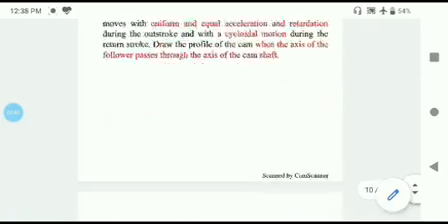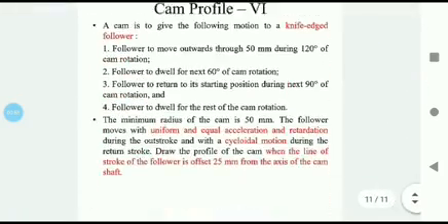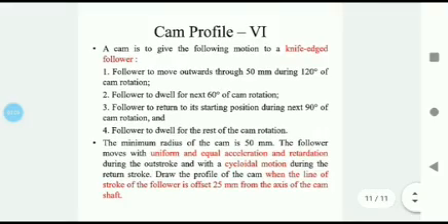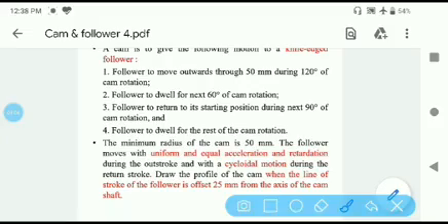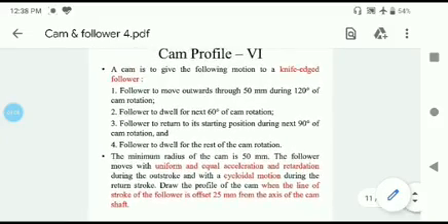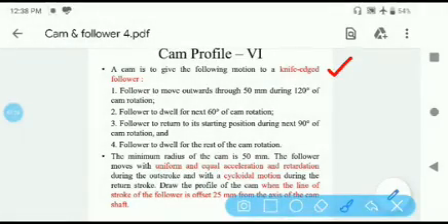And the next question is similar to the previous questions that you had done. Here the type of follower is the knife edge follower, and here the difference is the line of stroke of the follower and the axis of the camshaft is separated by a distance of 25 millimeter.